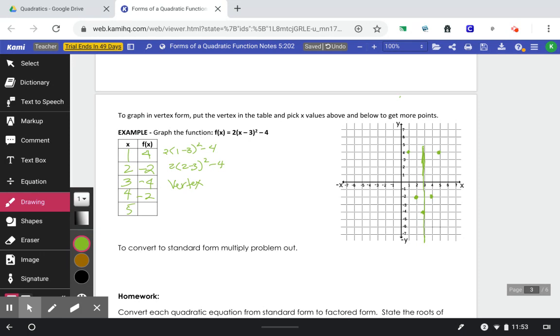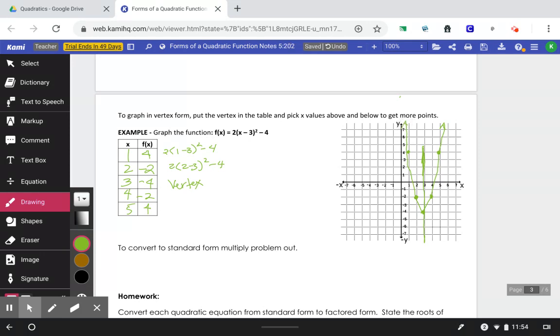So now I have the point 5, 4. And I can draw a nice curve going through the 5 points that I had just plotted.